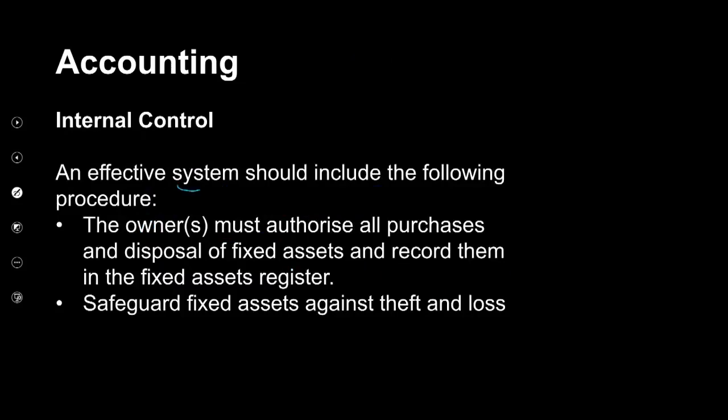An effective system should include the owners must authorize all purchases and disposal of fixed assets and record them in the fixed assets register. Safeguard fixed assets against theft and losses. Very important.